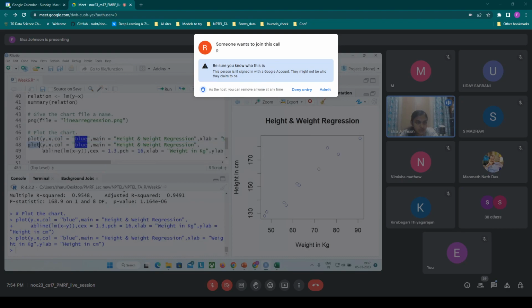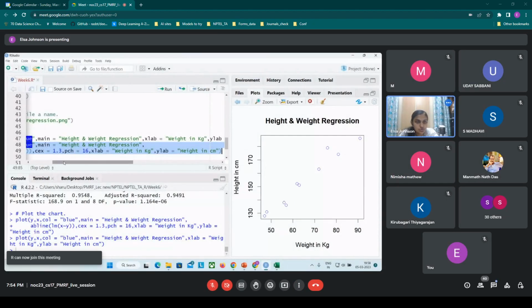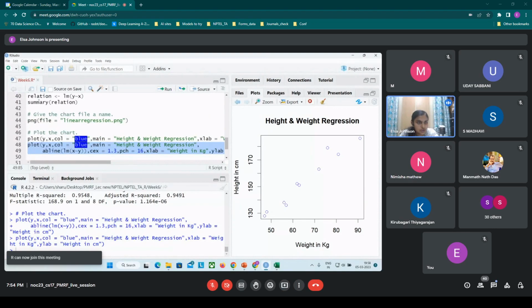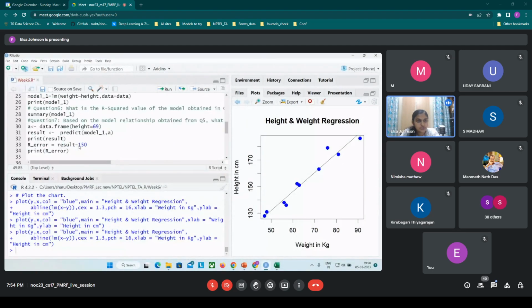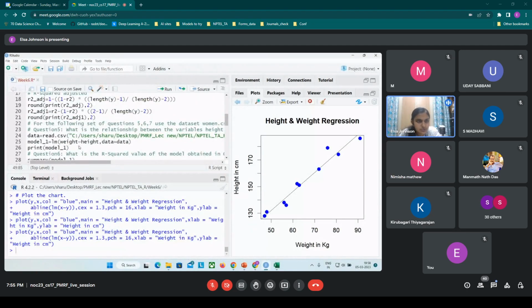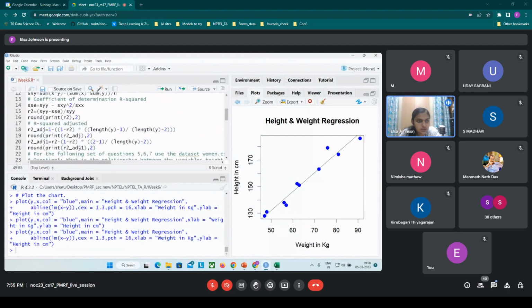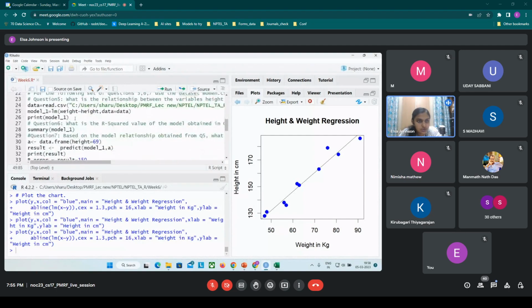The other one, the abline, will give you the fit line or the regression line that you had formed with respect to the model that you have created. Right now the model here is relation. So if you run this, you'll get that line which will fit the points. You can do this in your previous result also.